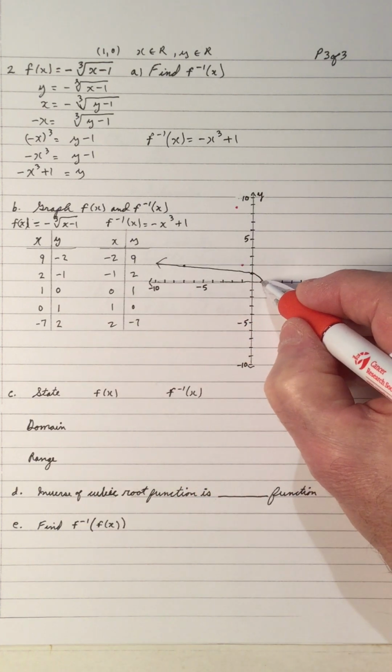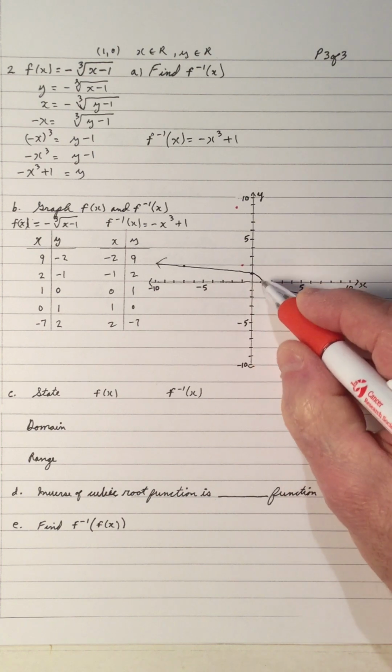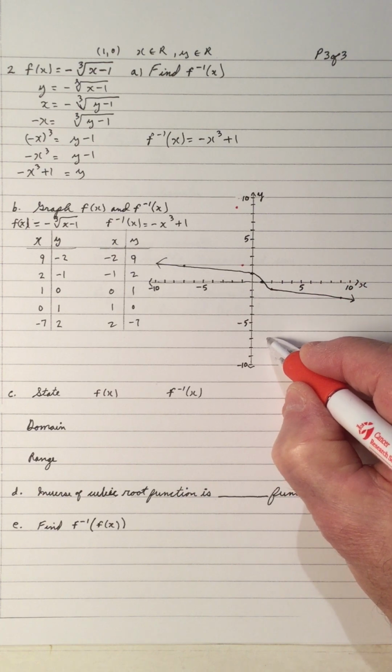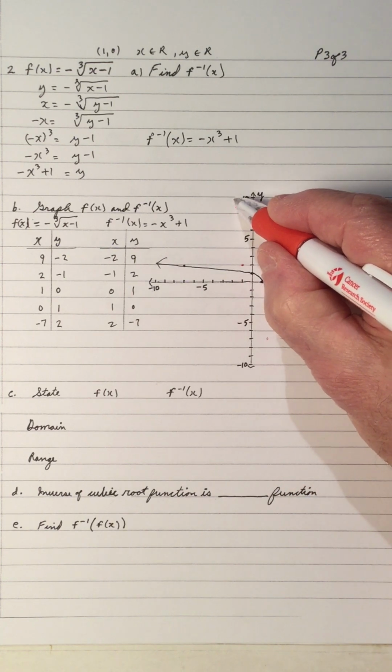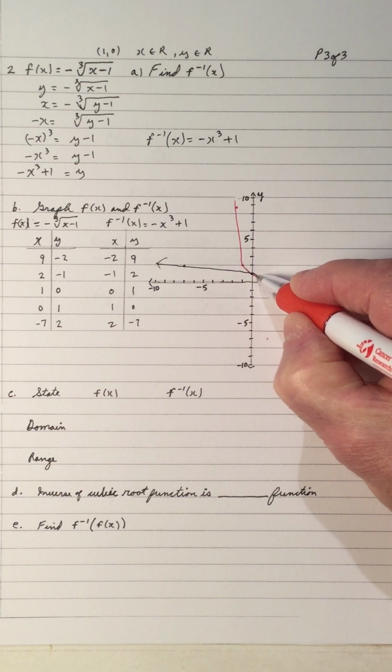If x is 1, y is 0. Right there. And when x is 2, y is negative 7. Right there. So it comes down, down, and it hits here and bends.